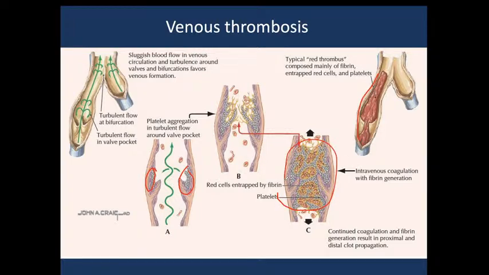Why I said that is a dramatic situation, because such a red thrombus can go proximal, come to the heart, and then from the right ventricle it comes into the lung arteries.